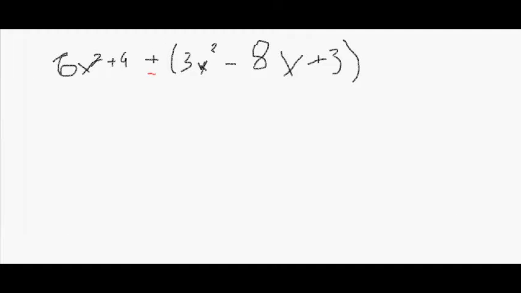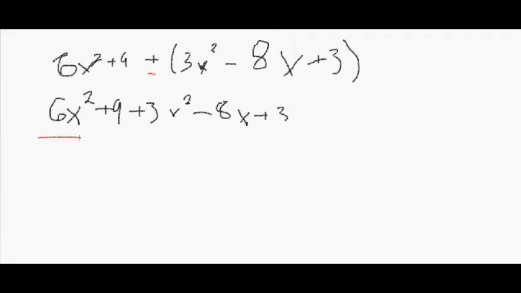First thing is we have to remove the parentheses. Because this sign is a plus, nothing changes. All we had to do is rewrite the problem without the parentheses. So then we get 6x squared plus 9 plus, nothing changes, 3x squared minus 8x plus 3.